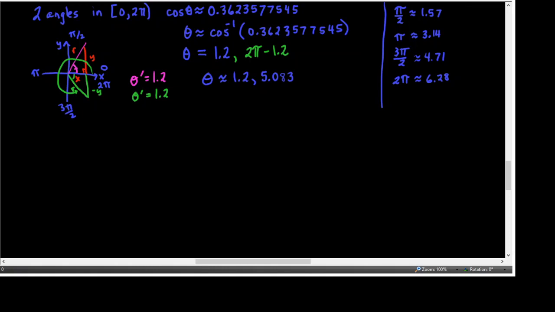Okay, so let's do another one. The two angles in the interval 0 to 2 pi, so we're in radians again, such that the sine of theta is approximately negative 0.3148.